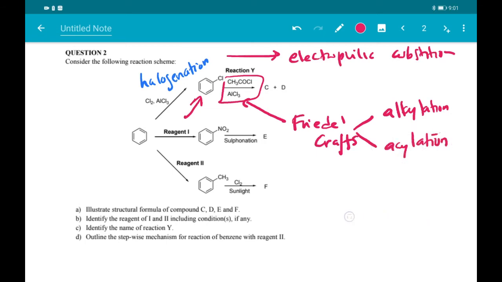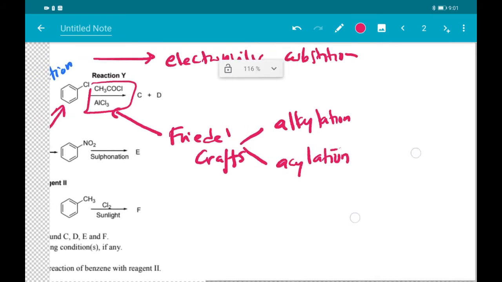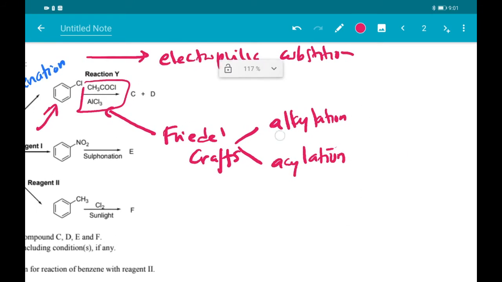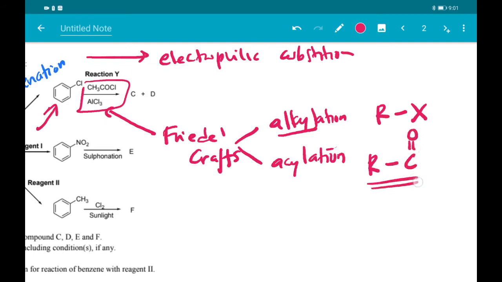Okay, what is the difference between these two? So alkylation, from the word alkyl, is referring to R. So the alkylation must attach to the halogen compound. While for acylation, not only is it going to contain the alkyl group, it must attach to C double bond O, so that it will have the acyl structure and it attached to the halogen.